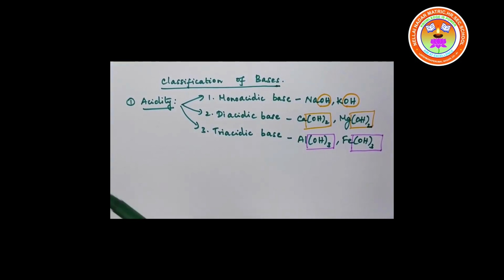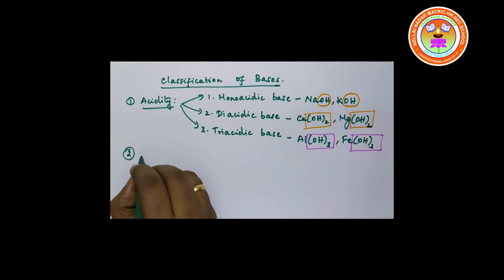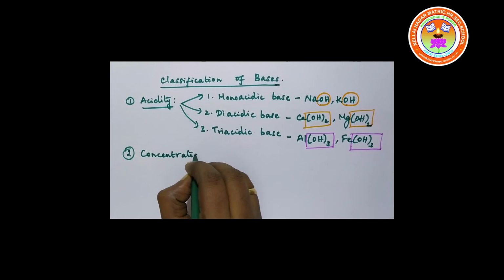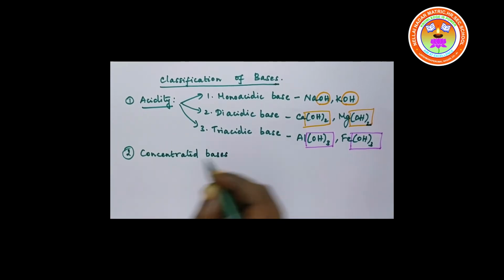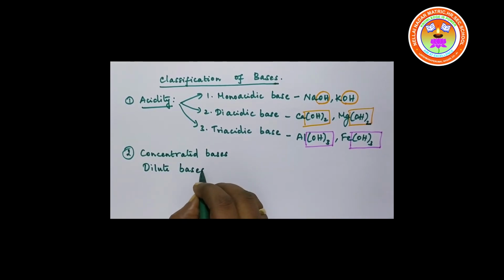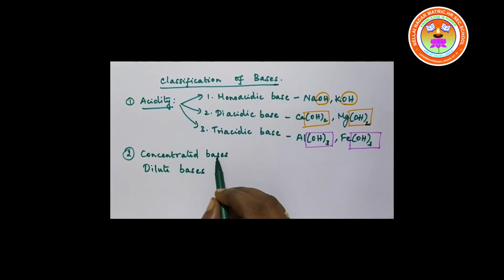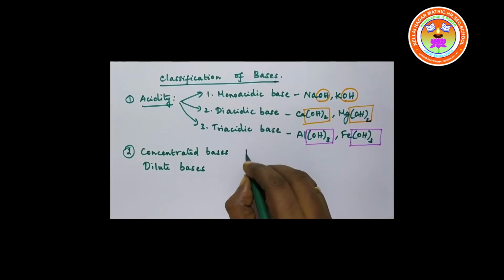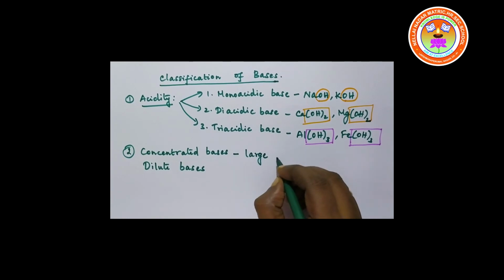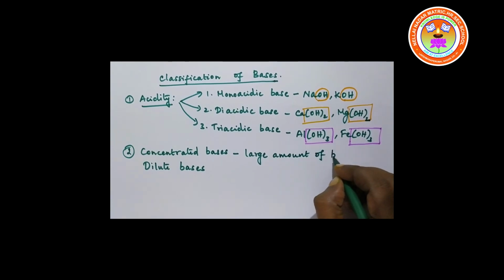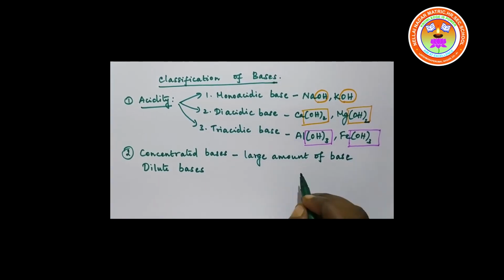The next classification is based on their concentration. On the basis of concentration, they are classified as concentrated bases and dilute bases. A concentrated base has a relatively large amount of base when compared to the solvent.